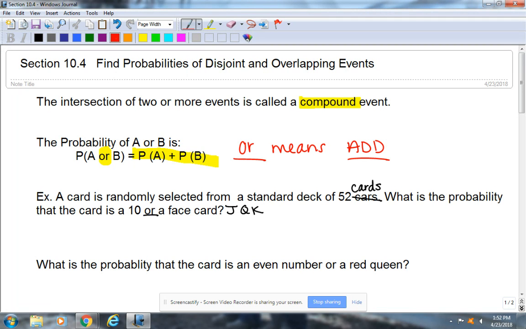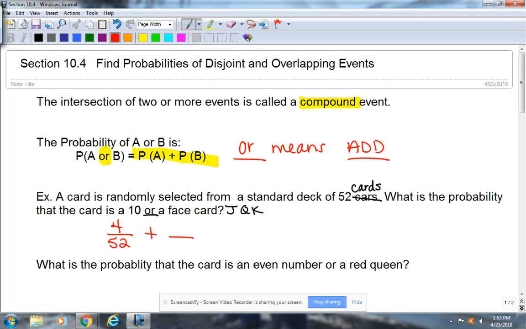So how many cards in a deck of cards are 10s? There's 4 10s. 4 of them out of 52 are 10s. So that's the probability I get a 10, or a face card.